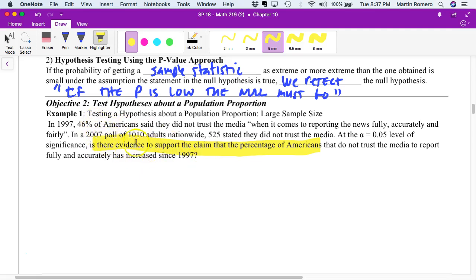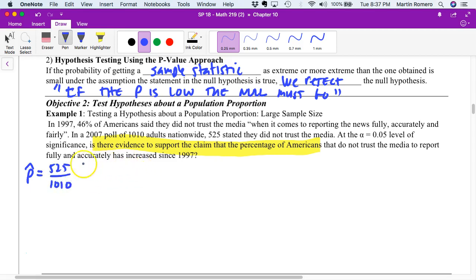So we're trying to see, is our 2007 value more than the 1997 value? First we need to calculate p-hat at some point. P-hat is going to be 525 divided by 1,010. That's going to be an important value for us.